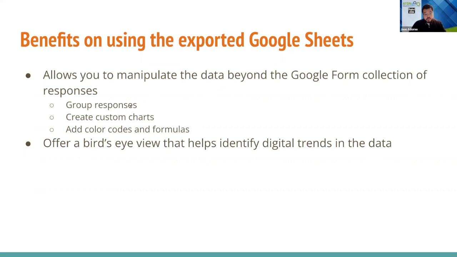So you could group the responses, you could create custom charts, you could add color codes and formulas to kind of handpick the specific information. And it offers a bird's eye view that helps identify digital trends in the data. So you can see from the beginning of that first question that they answered all the way down to that last one, you could see everything at a glance.